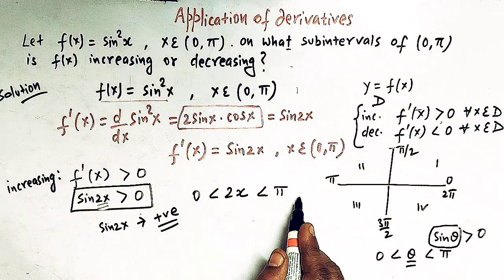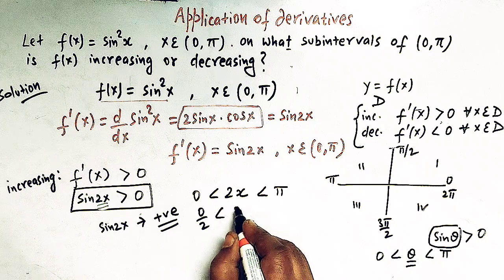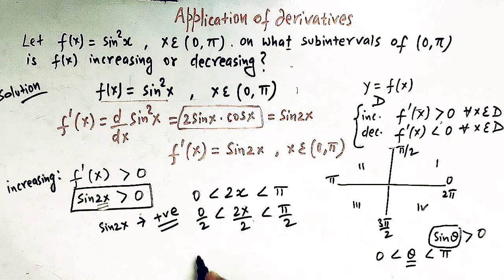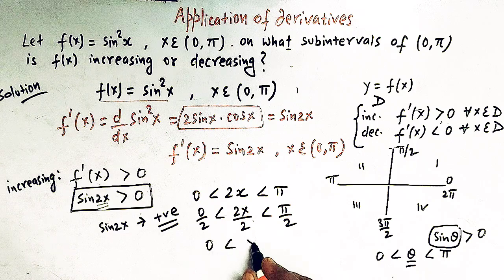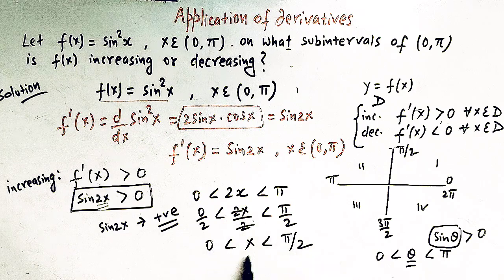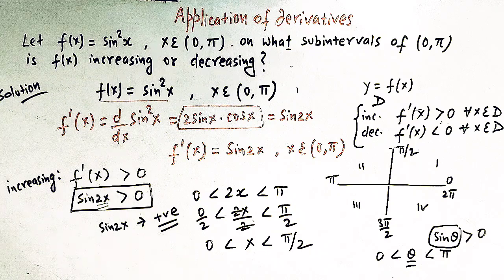Now if we divide throughout by 2, we have 0 over 2, here we have 2x over 2, and here we have pi by 2. So here we have 0, here we have x, and here we have pi by 2. So when x is greater than 0 but less than pi by 2, then sine 2x is greater than 0, right?